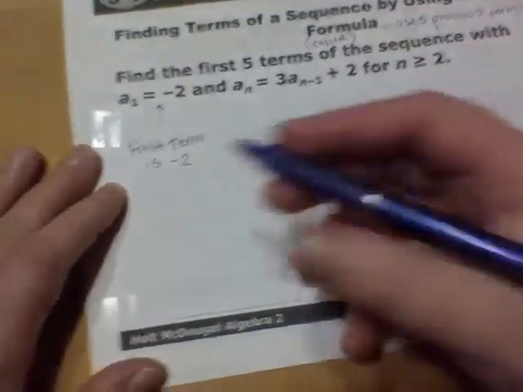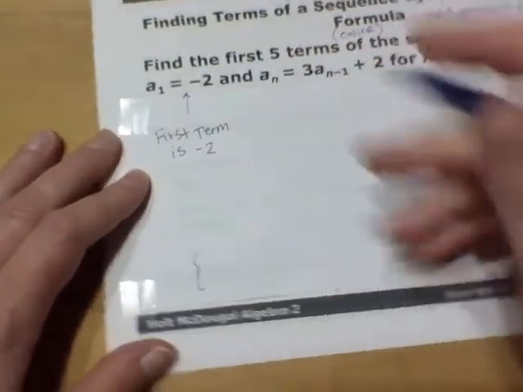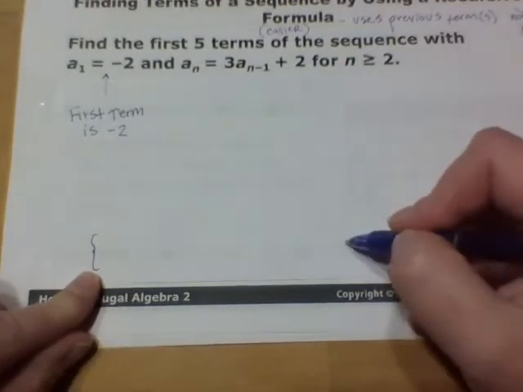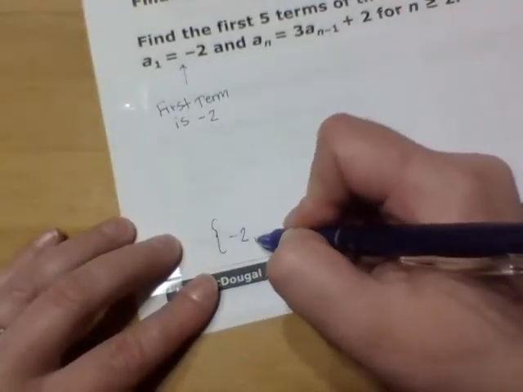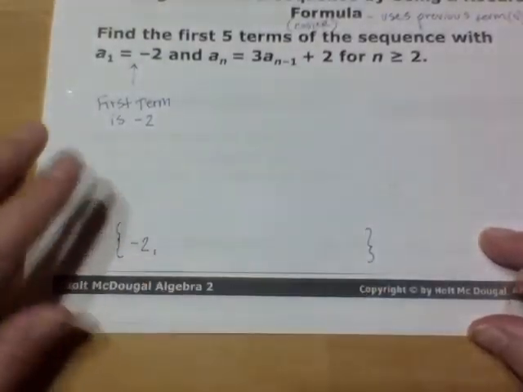Okay, so if I think about making the sequence itself, and usually you use curly brackets in your sequence, the first term is going to be negative 2, and then we would continue the sequence.